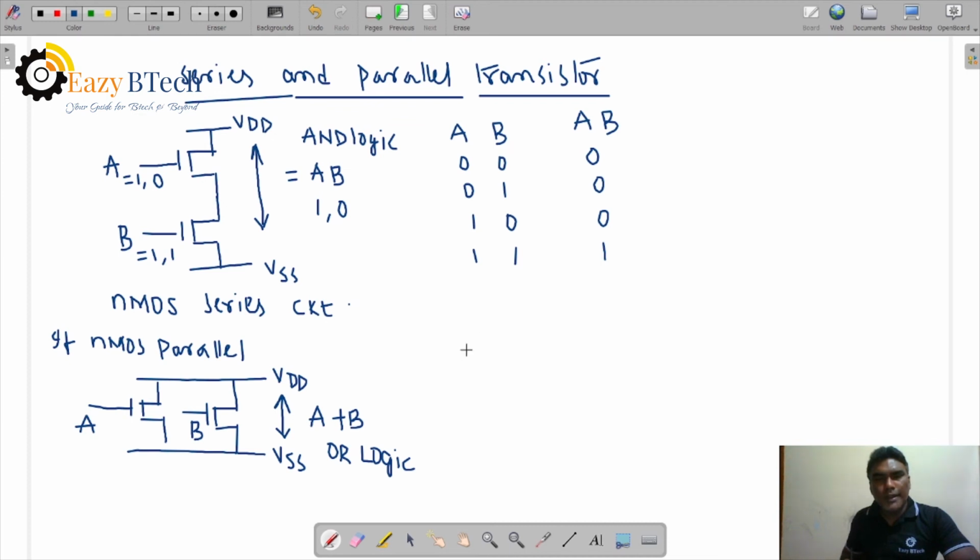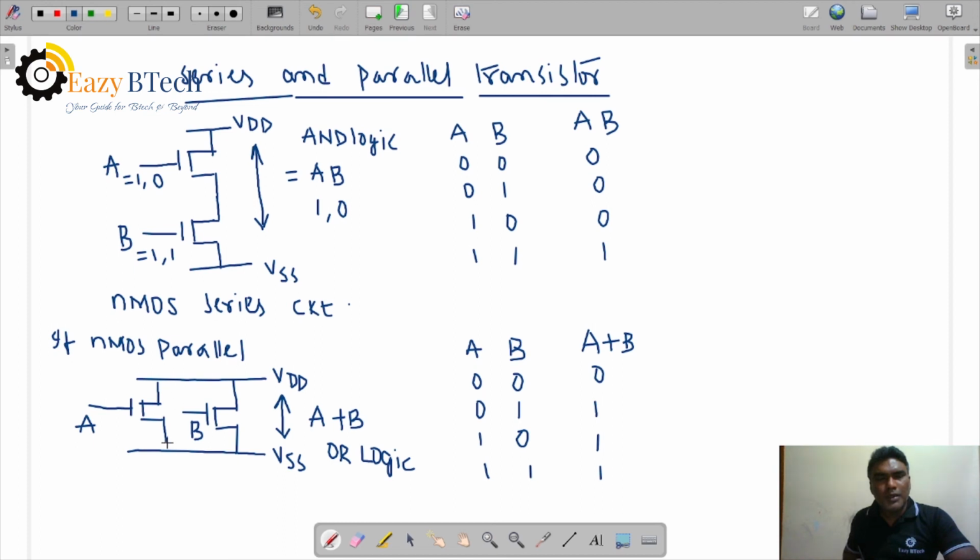Now you know the OR gate truth table: 0 0, 0 1, 1 0, 1 1. Then the output is A plus B: 0, 1, 1 and 1. If any one is 1, then the output is 1. If A is equal to 1, this will be on. B is equal to 0, this will be disconnected.